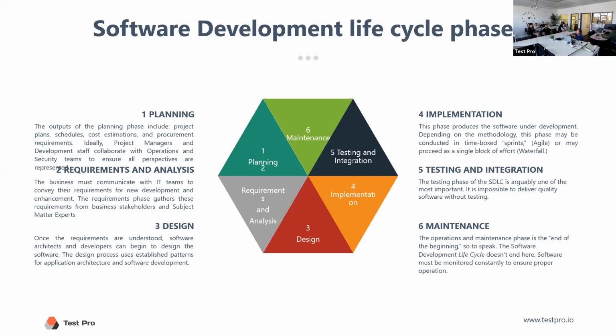You need to maintain to make sure what you built from the beginning still works, that it didn't get broken because we added new features or we added something to fix something. So you're always maintaining, and that's part of the whole life cycle phases.